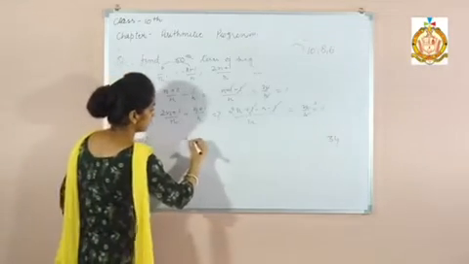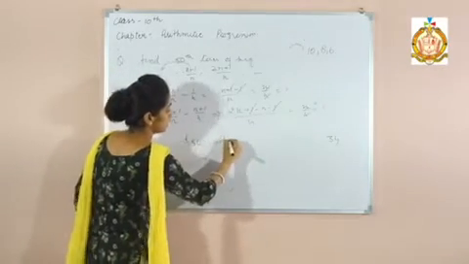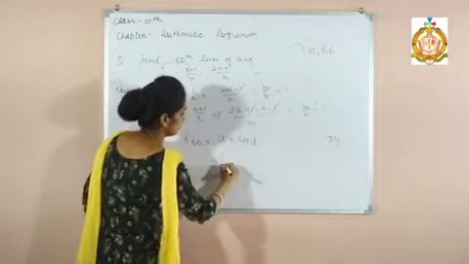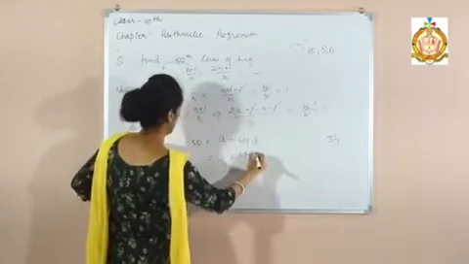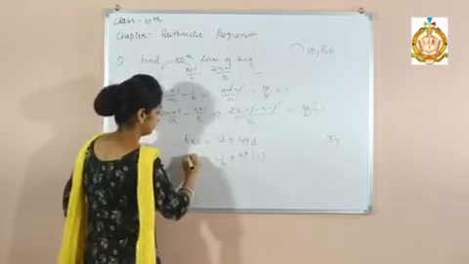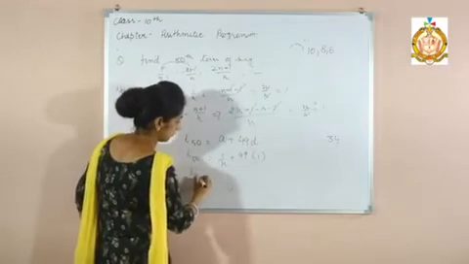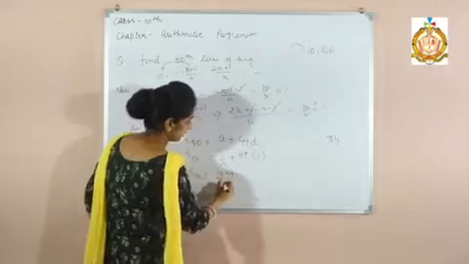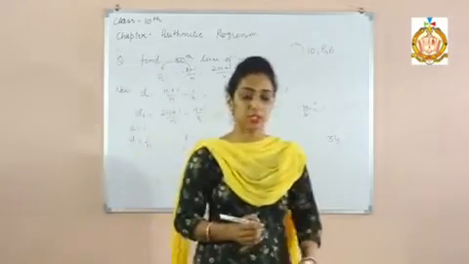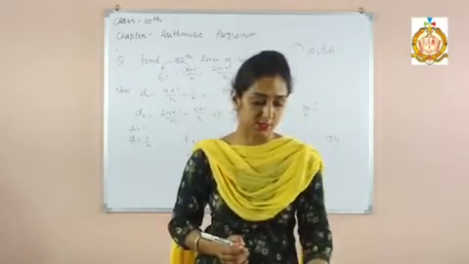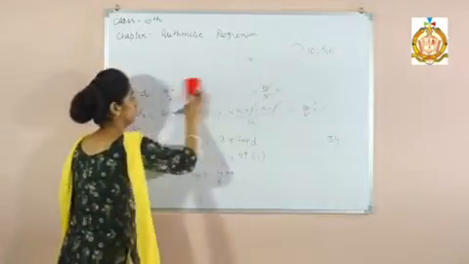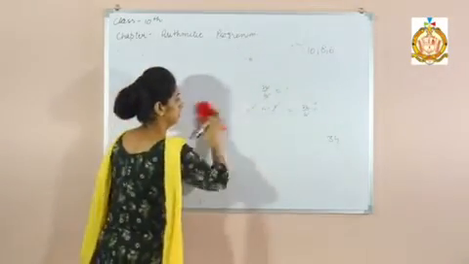Now we need to find the 50th term: a plus 49 into d, 1 over n plus 49 into 1. So T50 is equal to 1 over n plus 49. This is your answer. Now see the next question.